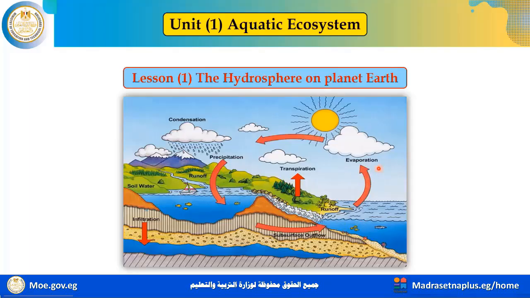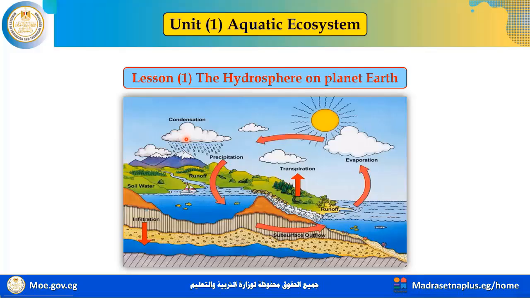When the water changes into water vapor, it rises up to form the cloud, and the cloud consists of tiny drops of water, which is very light and can be carried by the air. And the wind transfers the clouds from one place to another.